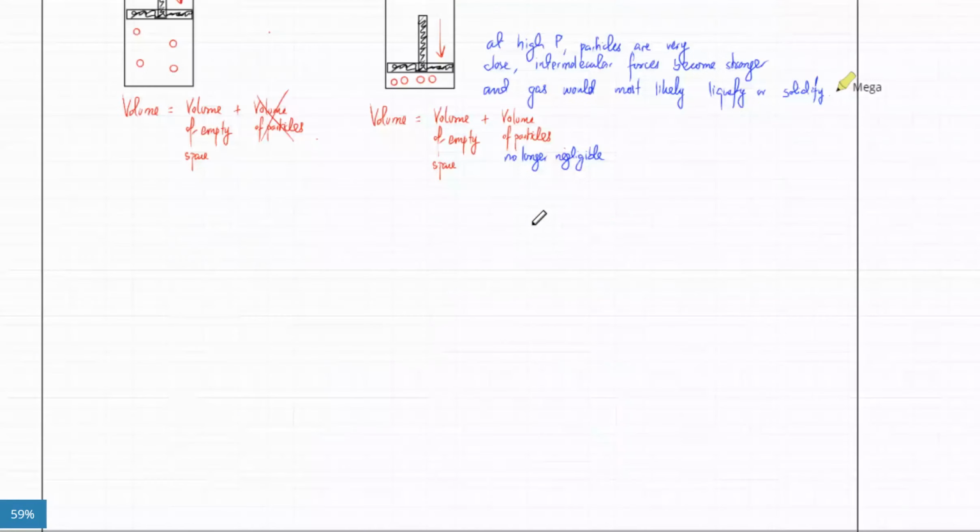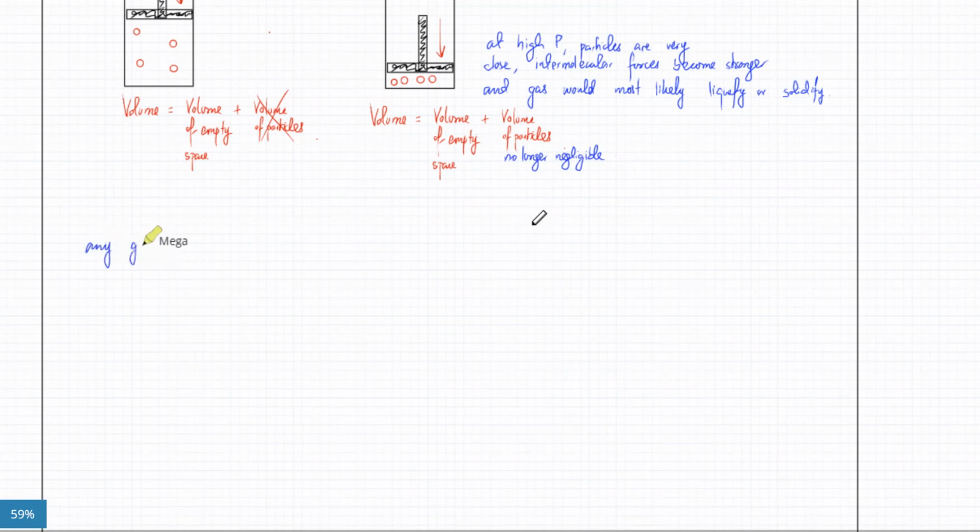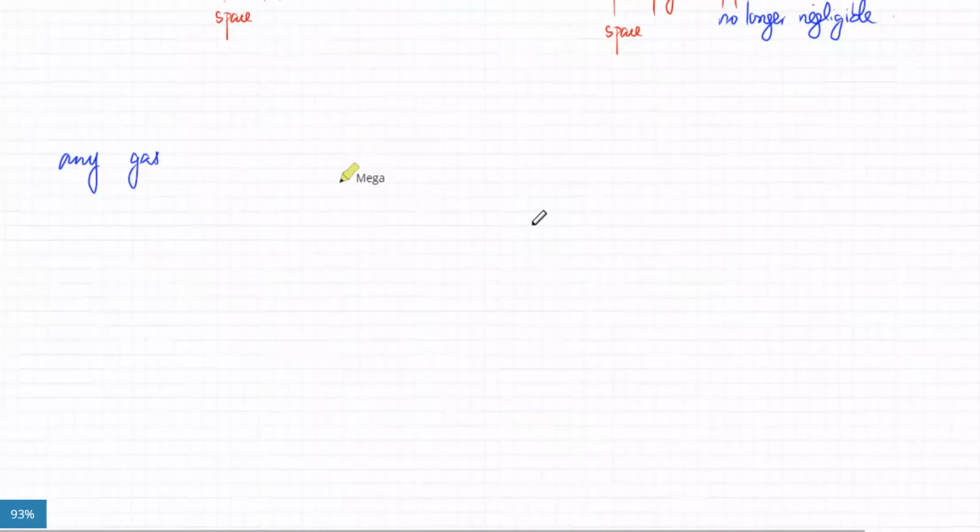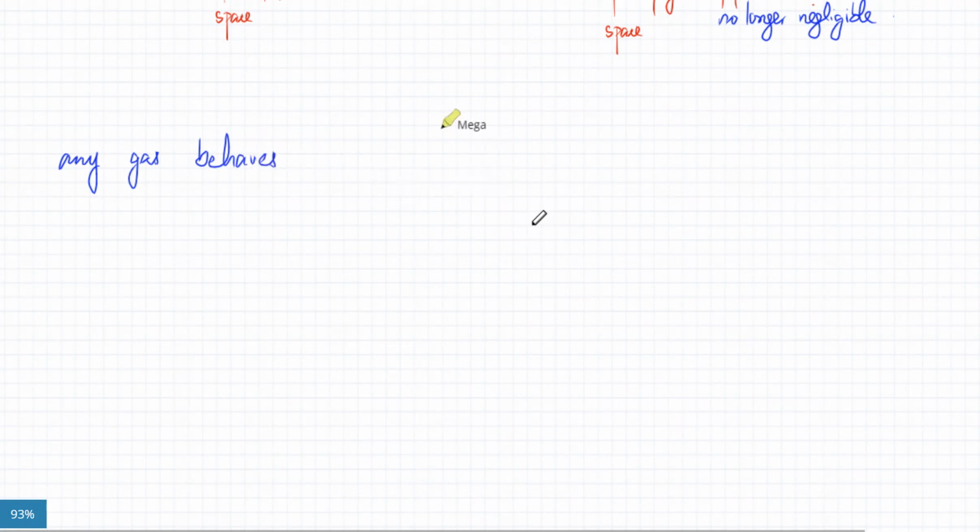And always remember that any gas would behave as an ideal gas or a model of a gas, or any substance would behave as a gas, whether it's liquid, water, it's going to behave as a gas at high temperatures and low pressures.